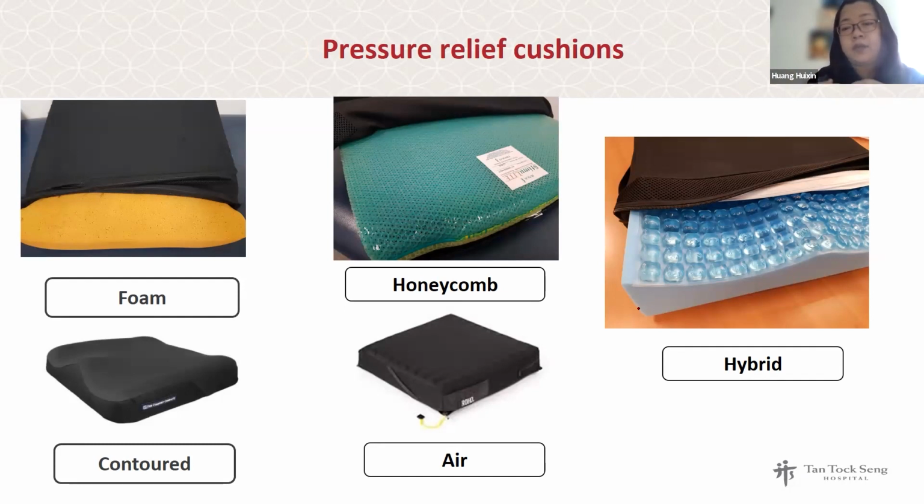Okay, we also have those cushions that are hybrid, whereby there's a foam plus a gel. Okay, also some of the cushions have contour features, and last but not least, a very well-known brand will be Roho. Roho is actually an air pressure relief cushion.